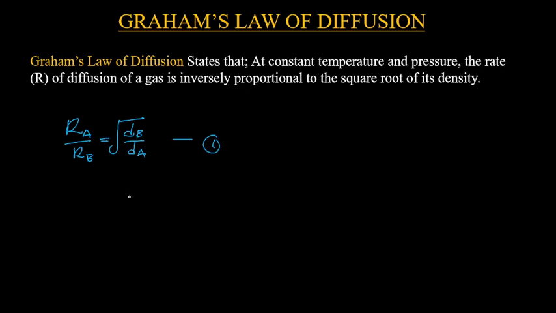We can also say that the rate of diffusion of A to the rate of diffusion of B is equal to the molar mass of B over the molar mass of A. This is another expression, and this makes sense. It is simply saying that the heavier the gas, the slower it diffuses, but the lighter it is, the faster it diffuses.